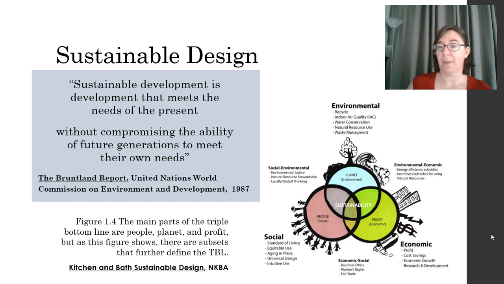All right, and there's a graphic of it right here showing all of the different needs that need to be met. And the idea is that we need to balance these needs and not focus on just one. That triple bottom line could be defined as people, planet, and profit.